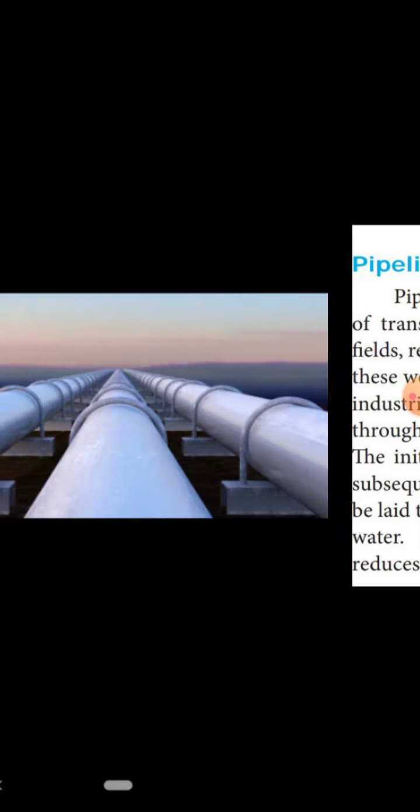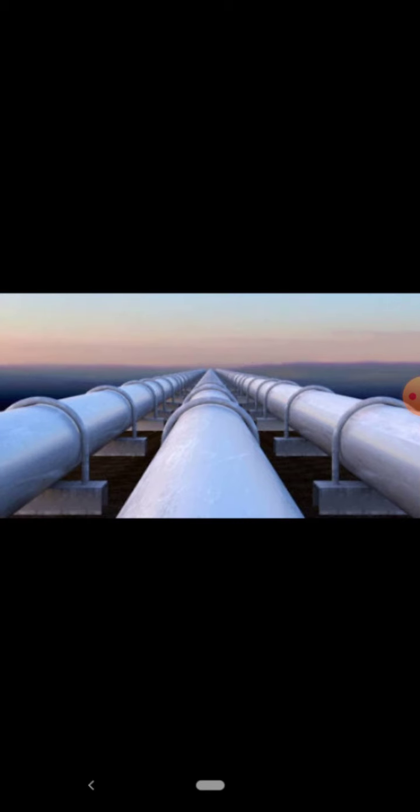But nowadays, some solid things can also be transported through pipelines when converted into slurry. In India, 3 important places have good pipeline networks. The first is Assam to Kanpur, the second is Gujarat to Punjab, and the third is Gujarat to Uttar Pradesh.